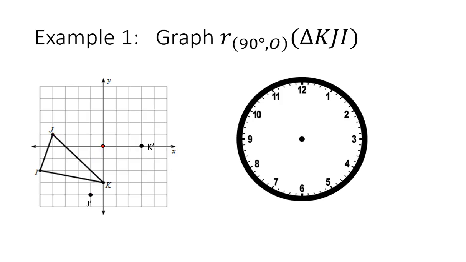Okay, let's look at point I. So point I, you go 5 to the left, and it's pointing towards the 9 o'clock. And then I go down 2, and it's pointing towards the 6 o'clock. So when I do a counterclockwise rotation, 90 degrees, the purple arrow is going to move from the 9 to the 6 direction at the same amount of units, so 5 units, but this time it's going to be going down.